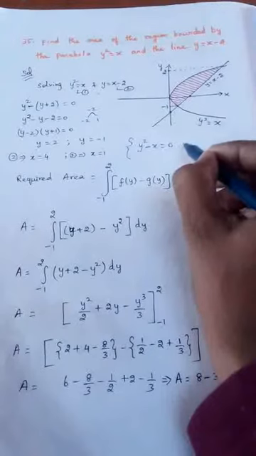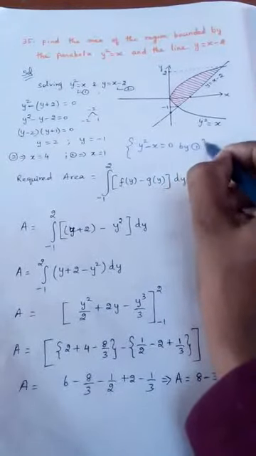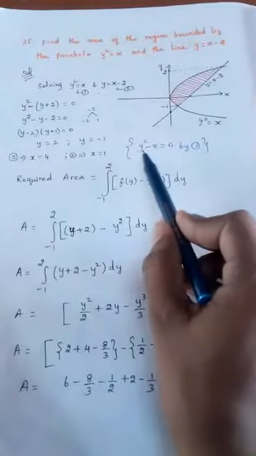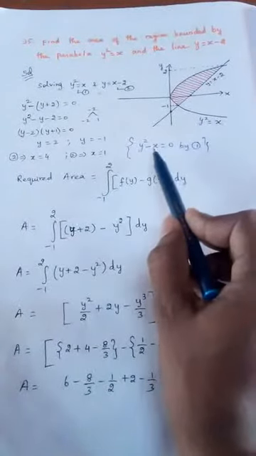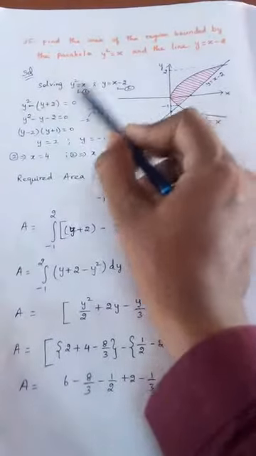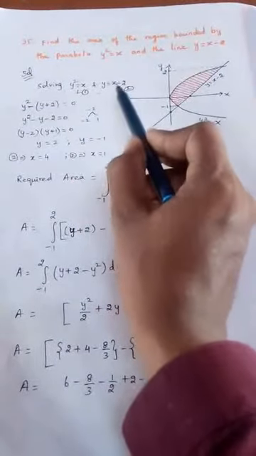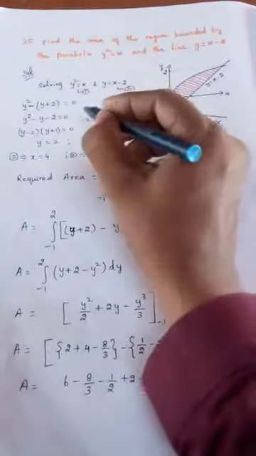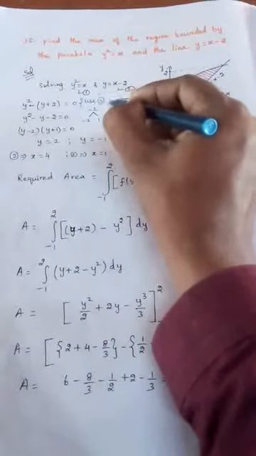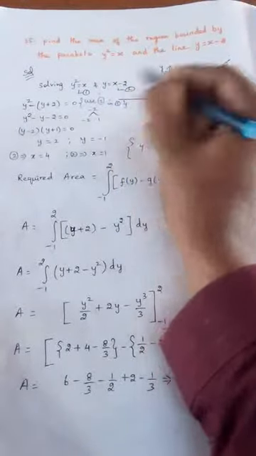Take x to the other side, y square minus x equal to 0. Now in place of x, you substitute y plus 2 from the second equation. So use 2 in 1. This is nothing but using the second equation in the first equation.